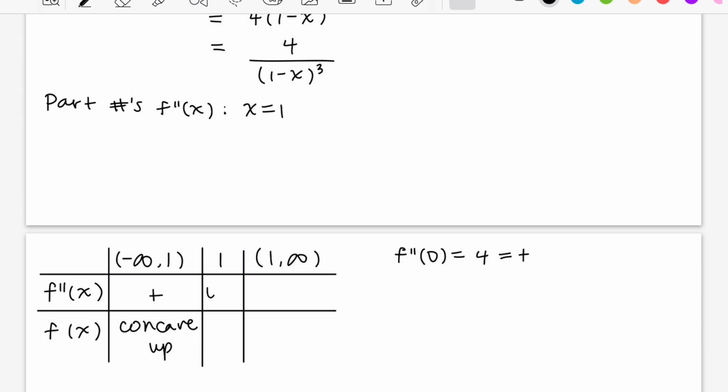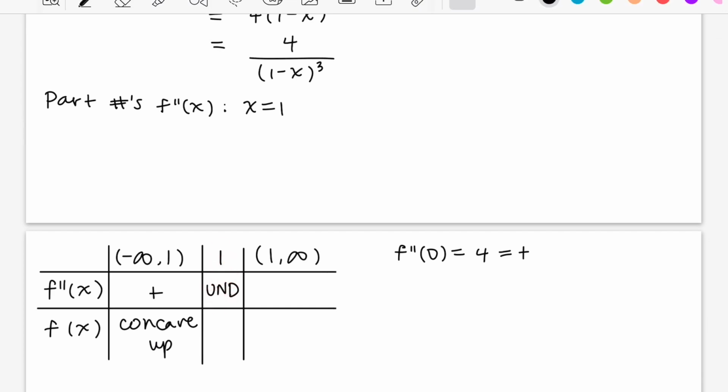We again know that our second derivative is undefined at x is equal to 1, so we're just going to put that there. And then we want to see the sign of our second derivative in this interval. So we'll evaluate it at 2. In that case, we'll get 4 over 1 minus 2 cubed. So we'll get 4 over -1, so this will be negative. So in this region, our function is going to be concave up.